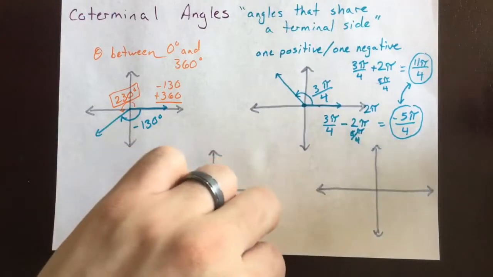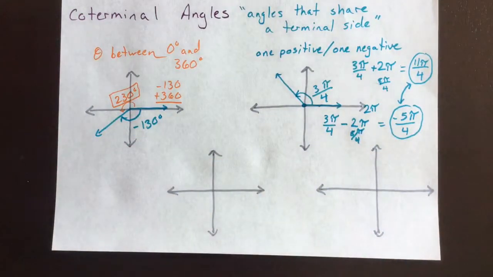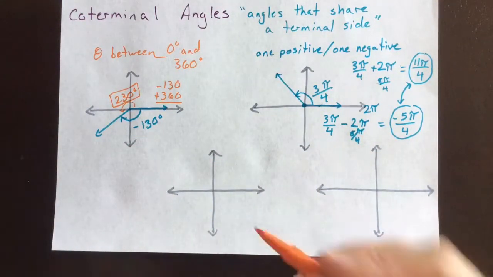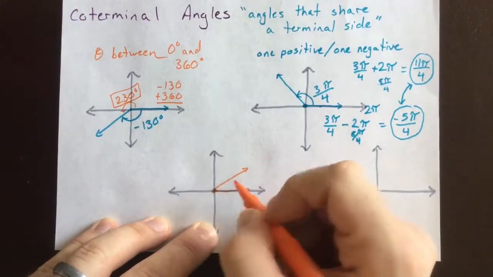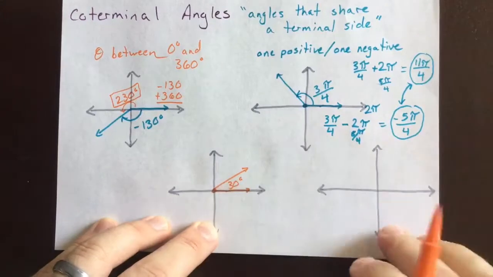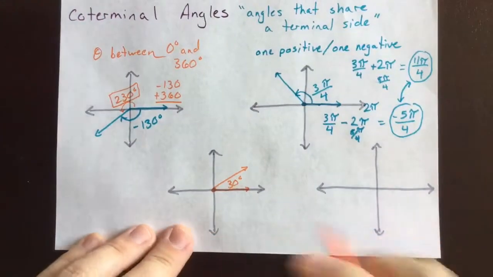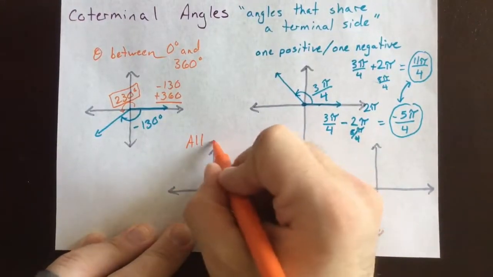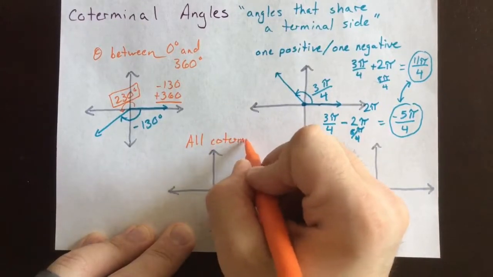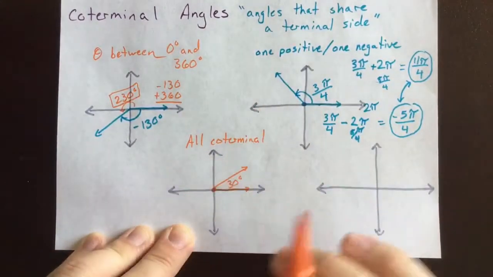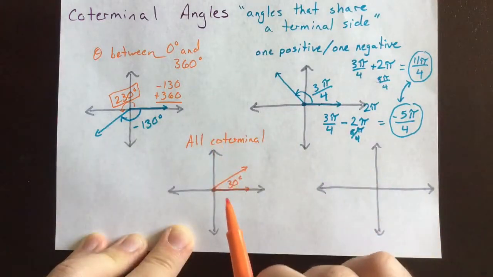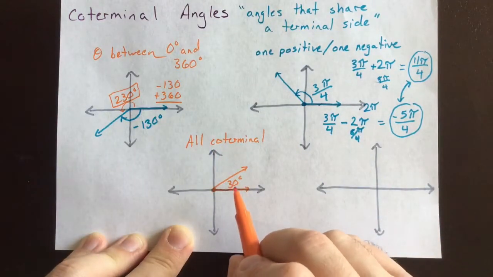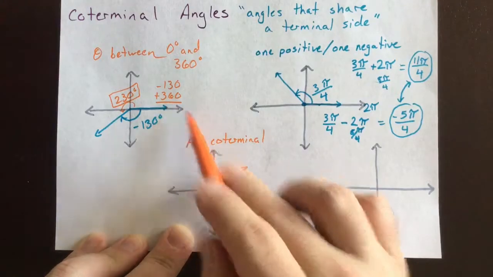So let's say we have an angle of 30 degrees. I want a way to find all coterminal angles. If I want a positive coterminal angle, we saw we were going to add 360.